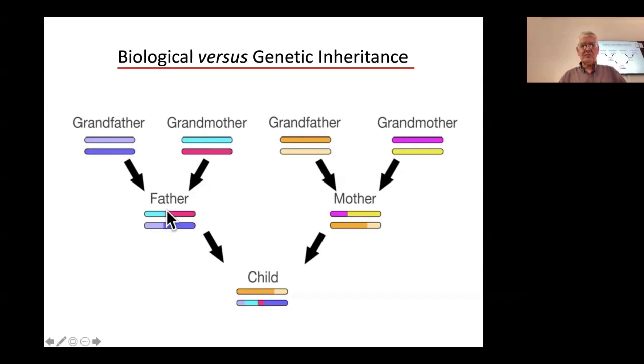And then when the father makes a sperm cell, there was also a recombination between these two to produce this chromosome down here. And what has happened through recombination is that this chromosome in your grandmother down here has almost totally been lost just 2 generations later.